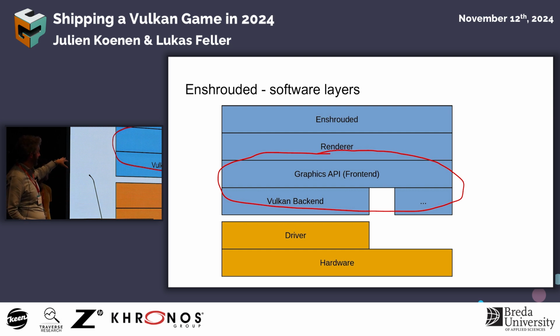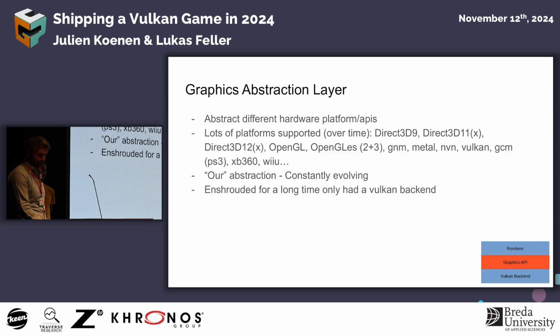Then there's the graphics API and the Vulkan backend, and a couple more backends for other platforms, but the Vulkan backend is actually pretty small comparatively, around 11,000 lines. The absolute numbers don't matter too much, but the comparison shows it's a very, very tiny part of the whole stack. I don't know anything about the driver, but I assume it's much bigger than everything on top of it.